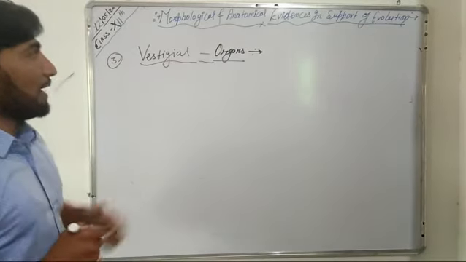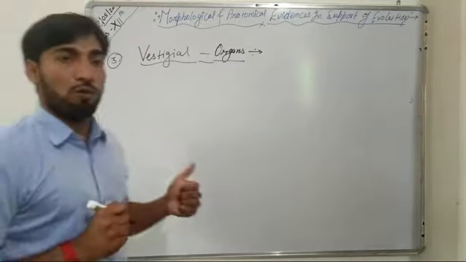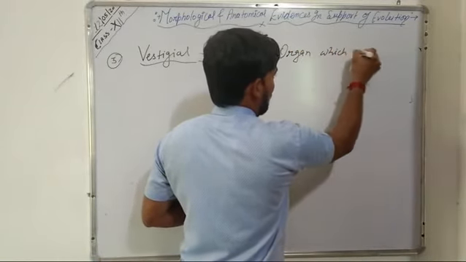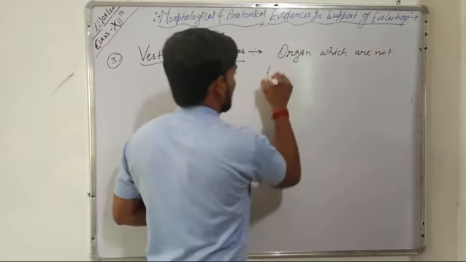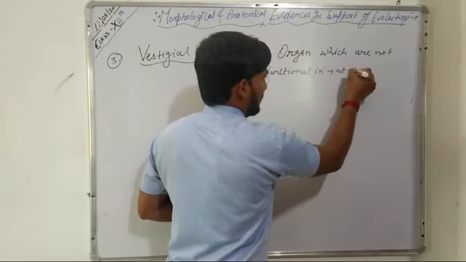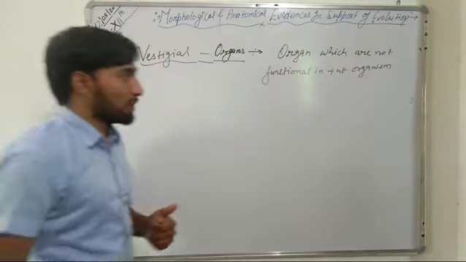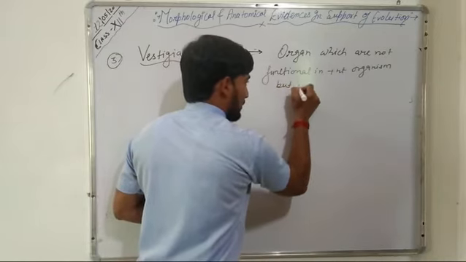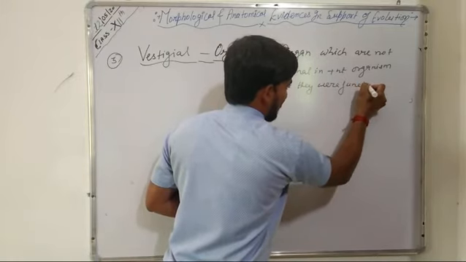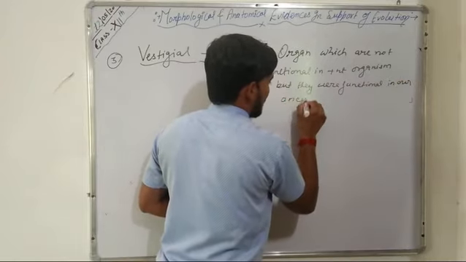Now the third evidence is vestigial organs. What are these vestigial organs? Vestigial organs are the organs which are not functional in the present organism, but they were functional in our ancestors.